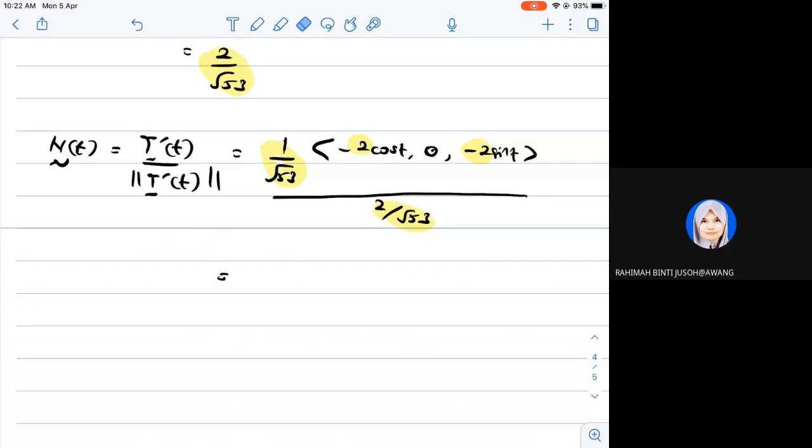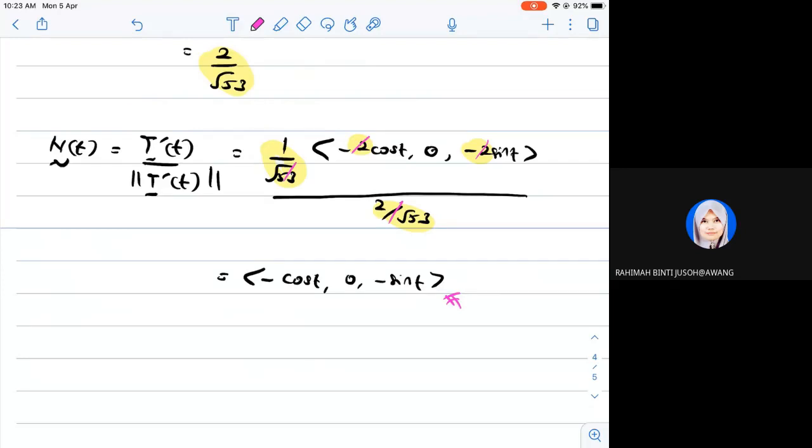Dia sama je kan guys? So we can cancel this. Ini kan 2 per square root 53 bahagi 2 per square root 53. Yang ni pun sama. Negatif 2 per square root 53 bahagi 2 per square root 53. So habislah. Understand? Okay, good. So we will have negative cos t, 0 and negative sin t. Okay, dah siap. So that is the unit normal vector.